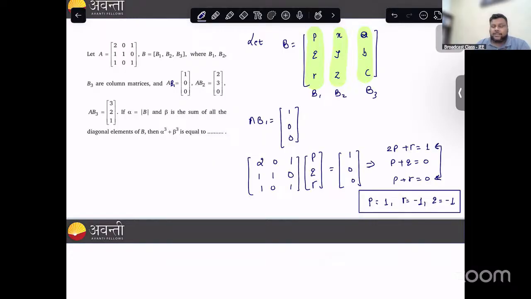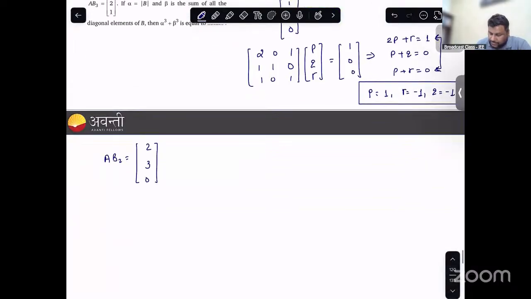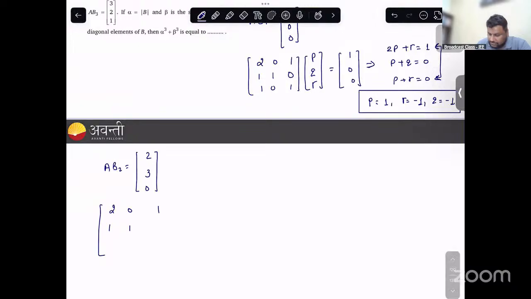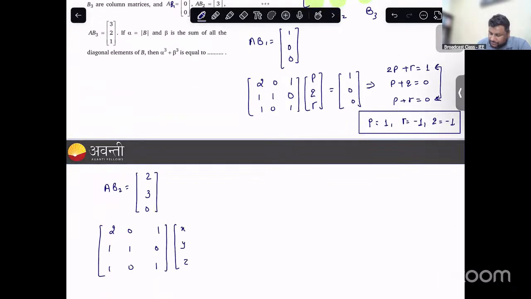Now let's make the second equation. Now they are saying AB2 is 230. A is again the same, 201, 110, 101, multiplied by B2. B2 is XYZ. And with this, what do you get? 230. Now again, multiply and compare.